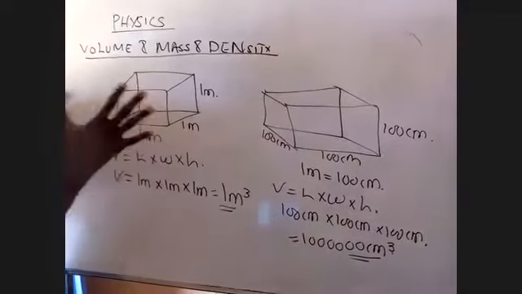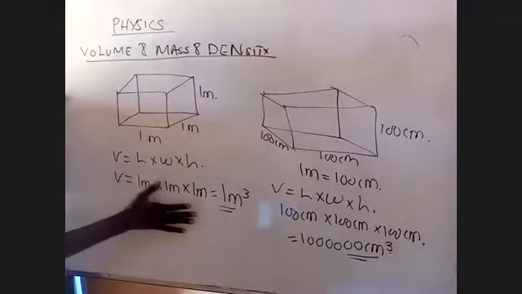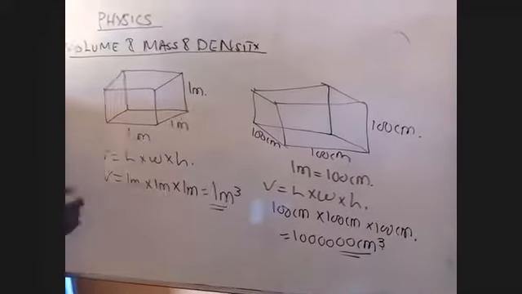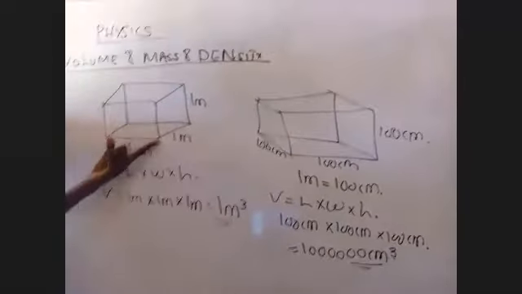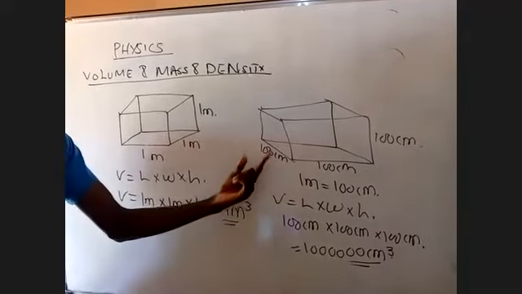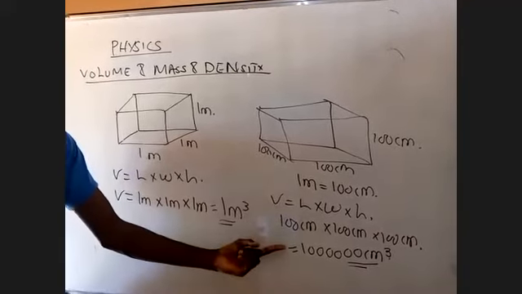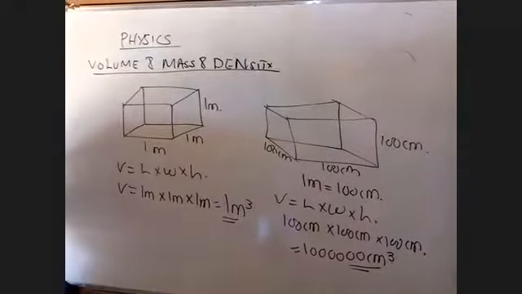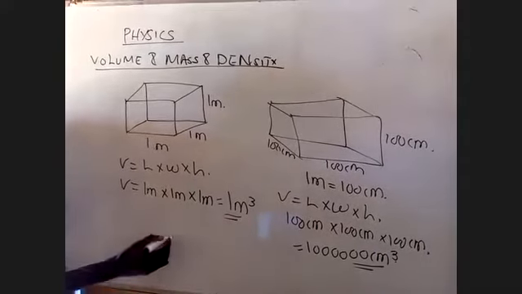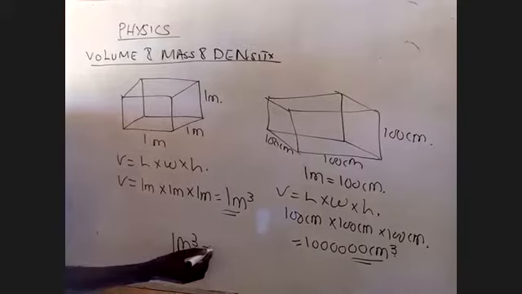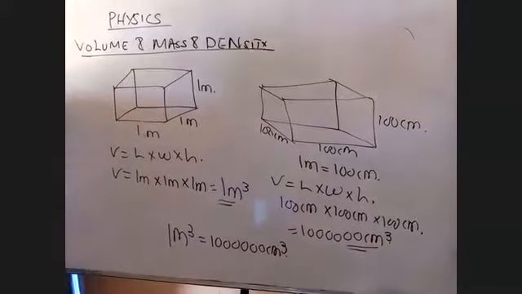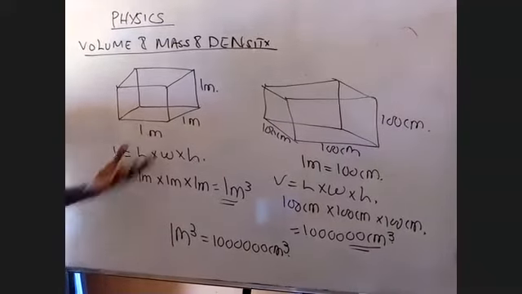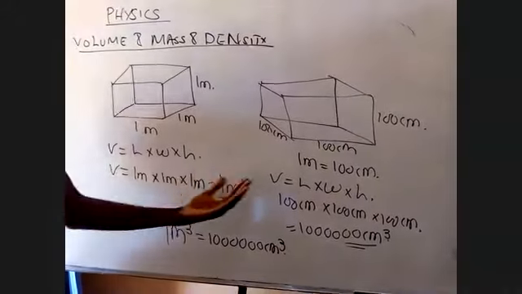We have been able to determine the volume of both cubes, and we find that the volume of this cube in meters is 1 cubic meter, and the volume of the same cube in centimeters is 1 million cubic centimeters. So from here, we can prove that 1 cubic meter is equivalent to 1 million cubic centimeters. That is from the 2 cubes.